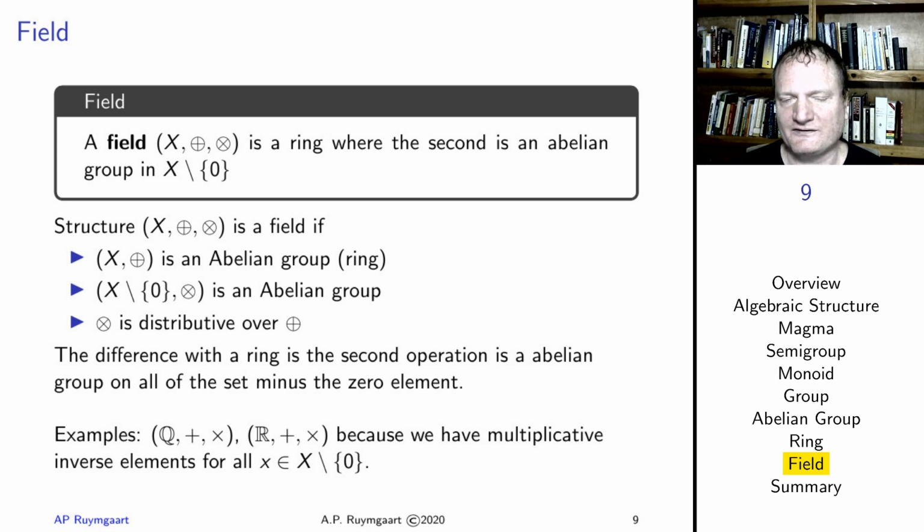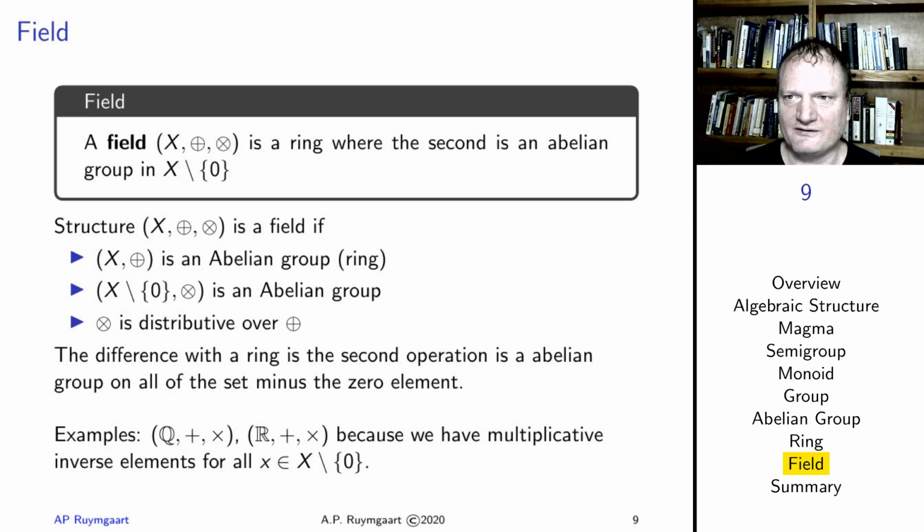So if we again consider arbitrary binary operations O plus and O times, structure X, O plus, O times is a field if X O plus is an abelian group and X minus the zero element, O times is also an abelian group, and O times distributes over O plus. So the difference with a ring is that the second operation is an abelian group on all elements of the set except for the zero element, if we exclude the zero element.